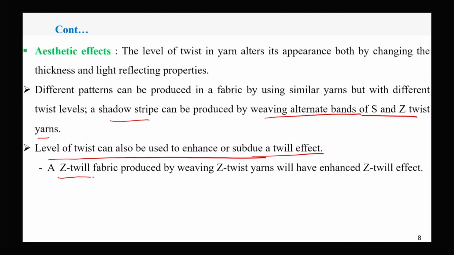So a Z twill fabric produced by Z twist yarn will have an enhanced twill effect, and a clear twill line will be visible. But if you want to reduce the twill line, then you use S twisted yarn.